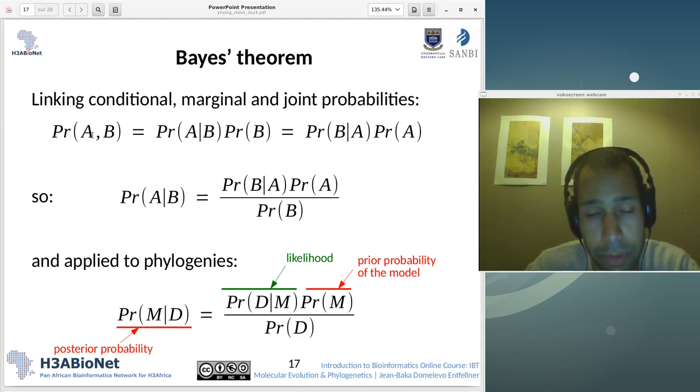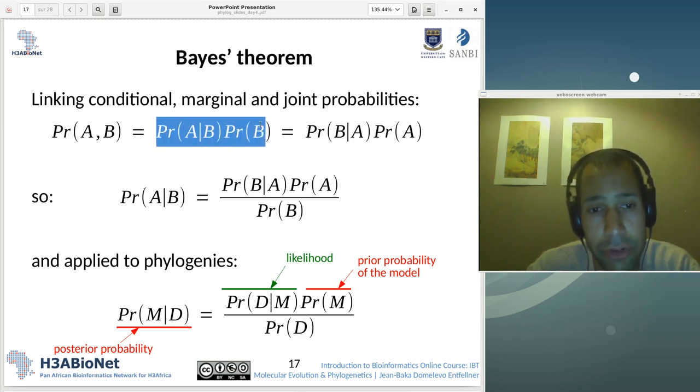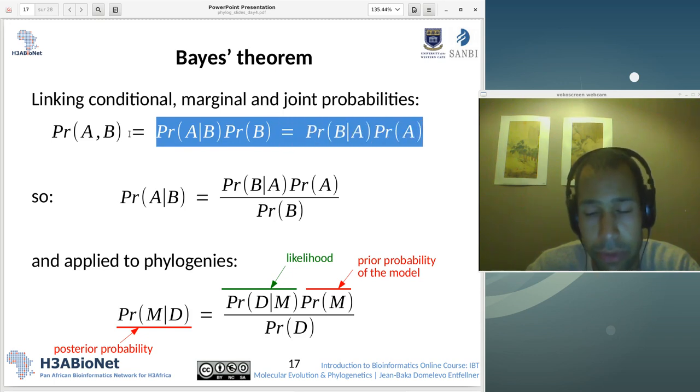The probability to have A and B is the probability of A conditional to B multiplied by the probability of B. Okay, and the roles played by A and B are symmetric here, so you can also get that it's the probability of B conditional on A times the probability of A. And if you use this right hand side of the first equal sign, and you move this probability of B to the denominator on the right hand side, that's what you get.